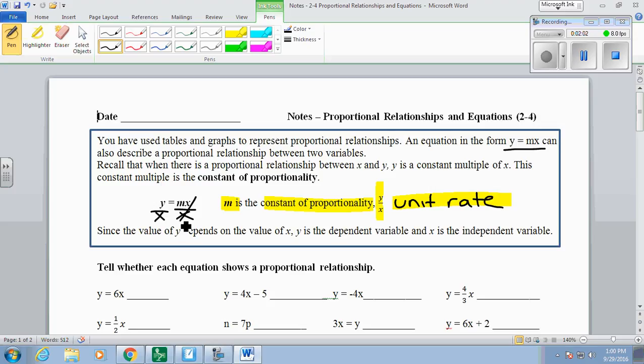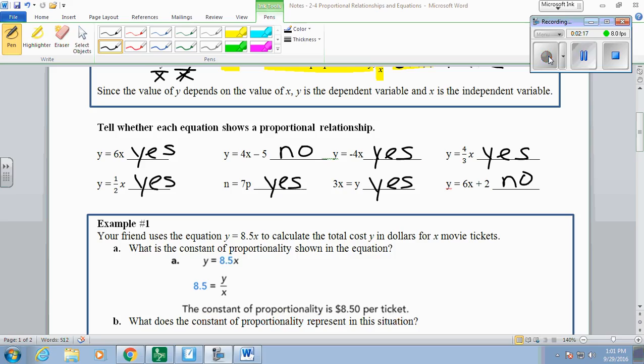So what I'd like you to do is just to go through these next 8 equations and just decide whether each equation shows a proportional relationship, right? Yes or no. Go ahead, do that, pause the video. And just go ahead and take a look at what your responses compare to mine. All the ones that say yes, I want you to notice just have one term being multiplied by the variable.